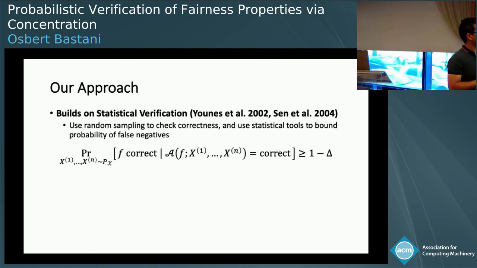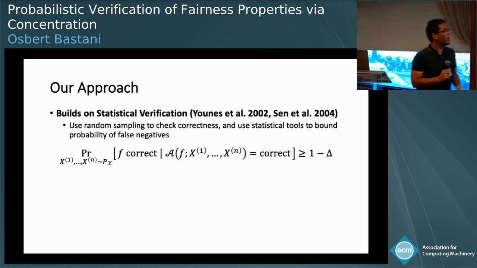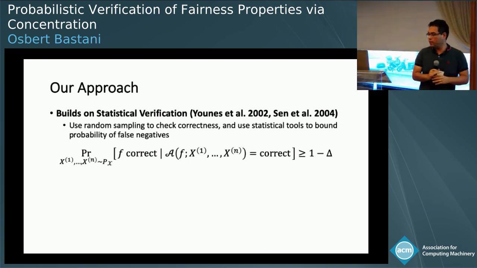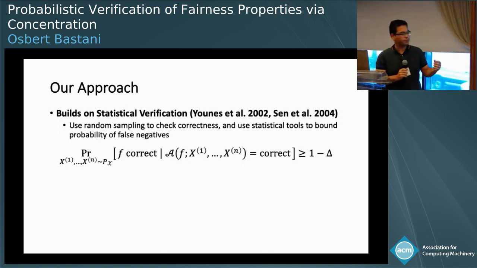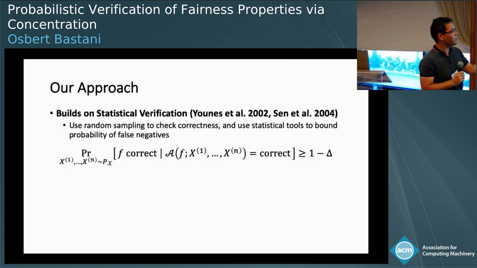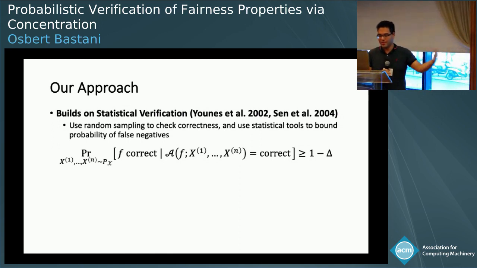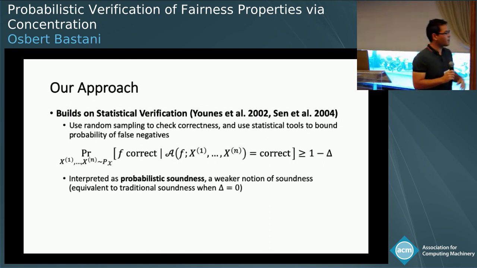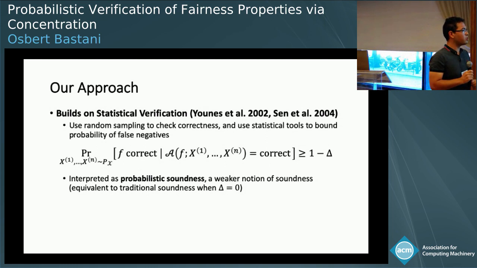So basically, you can get a bound on the probability that, assuming algorithm A says that some model F is correct, F is actually not correct. So we want F to be correct with high probability if the algorithm says that F is correct. And this can be interpreted as a probabilistic notion of soundness.